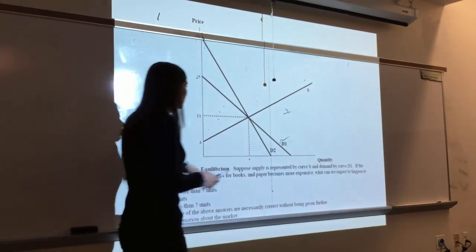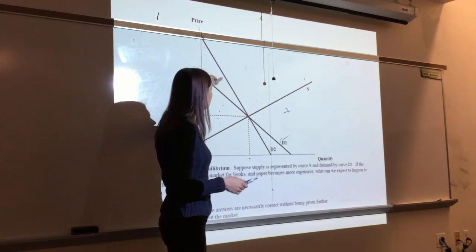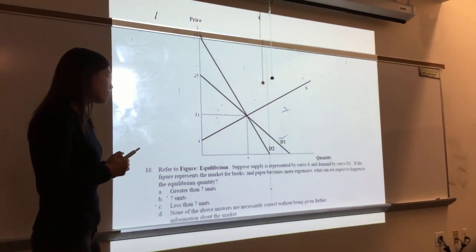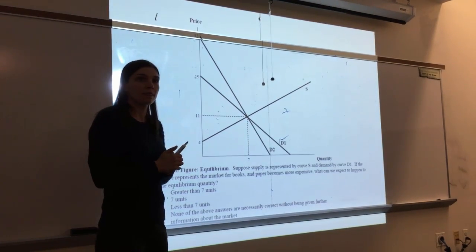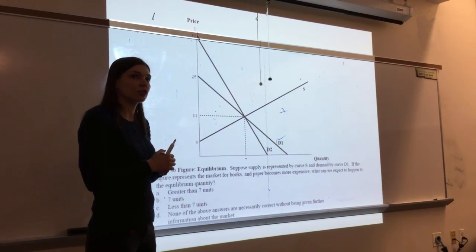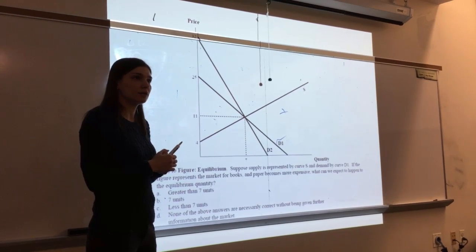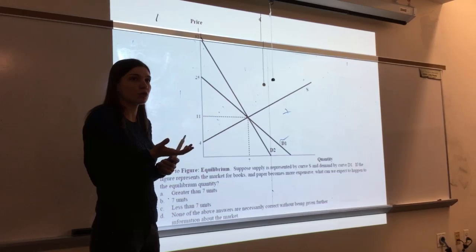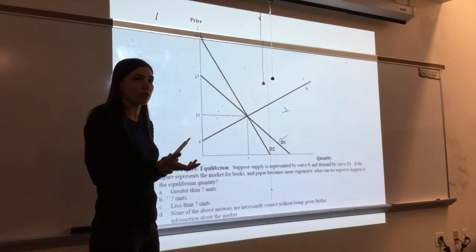Okay, so we're in this world of supply and demand. What happens when the price of paper is increasing? What would change, demand or supply? This is the market for books. Supply, right? Because now it's more expensive. The input prices are going up.